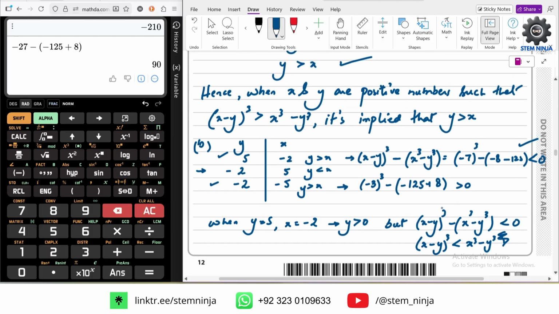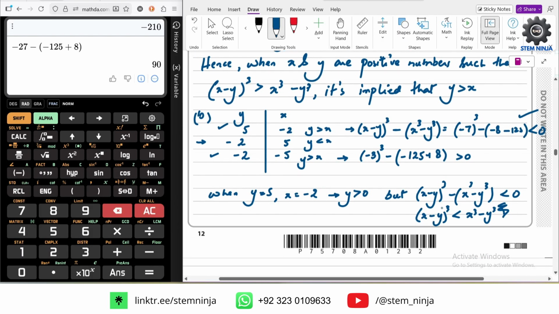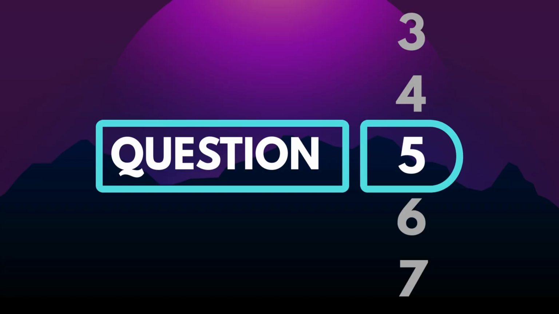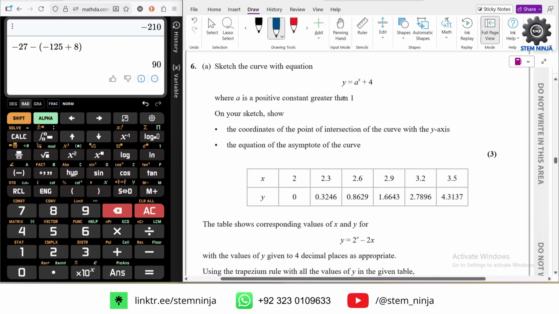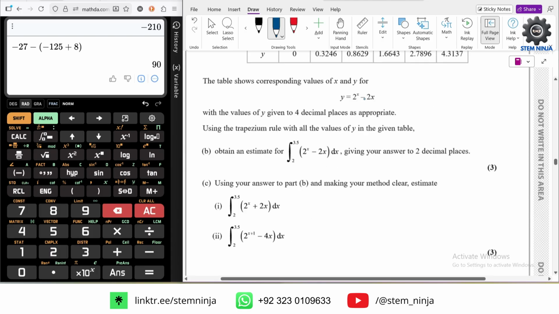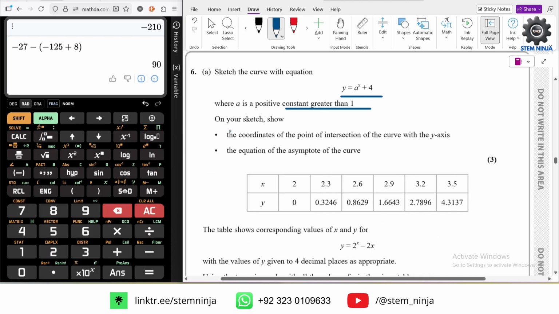Right, okay. Let's move on to the next question. Question number 6. Sketch the curve with equation y is equal to a raised to the power x plus 4, where a is a positive constant greater than 1. On your sketch, show the coordinates of the point of intersection of the curve with the y-axis, and the equation of the asymptote of the curve.